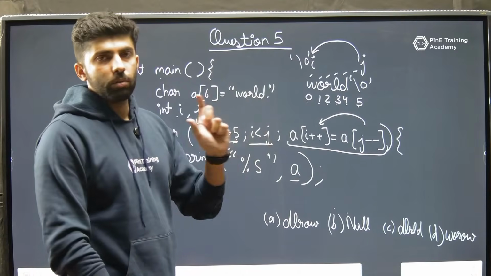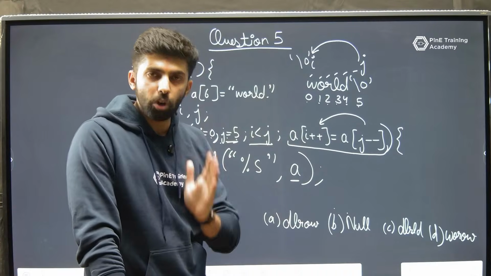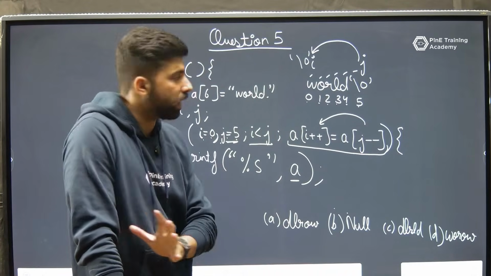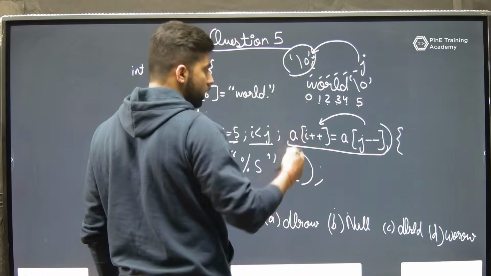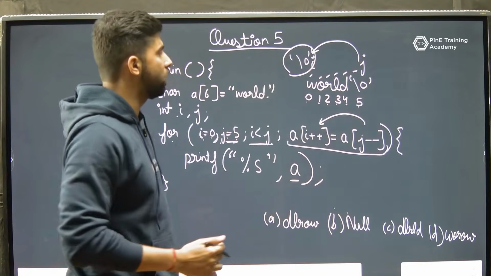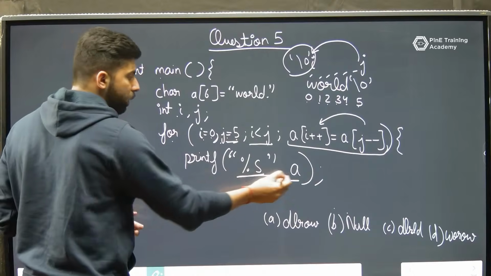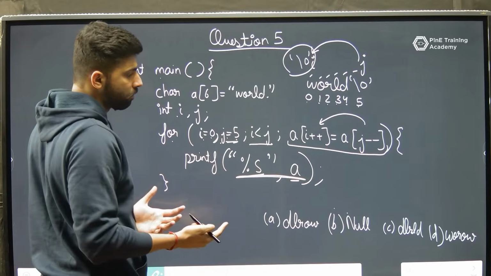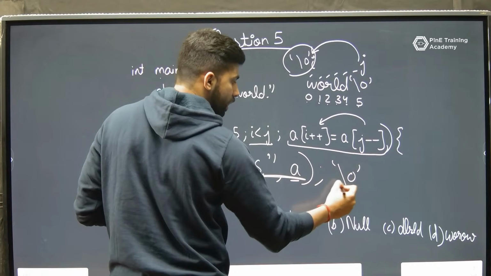And what will happen if I bring the null character towards the front? As I told you, as soon as the compiler encounters our null character, it will stop printing or reading the string. That means if the null character comes first, then it doesn't matter what is behind that particular null character, it will not read anything. If I try to print A after that, the first character it encounters is a null character.